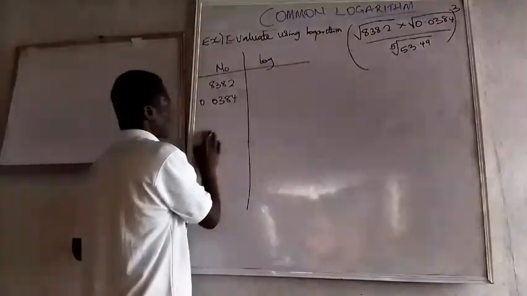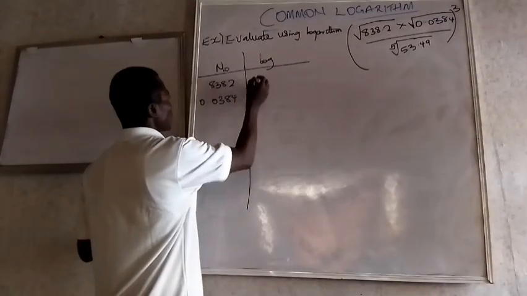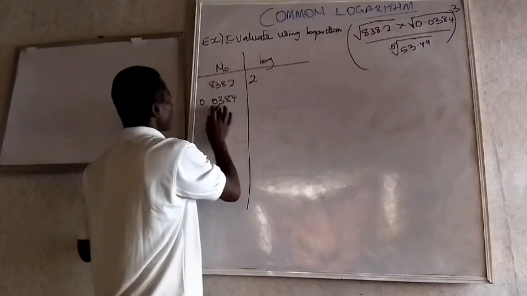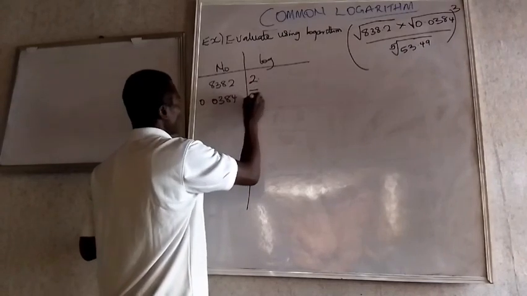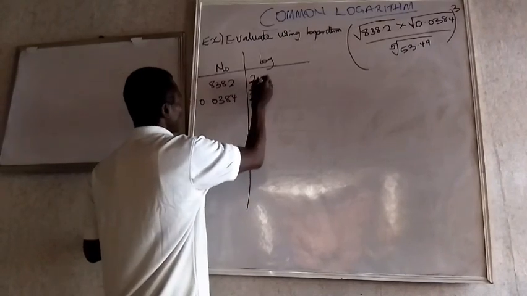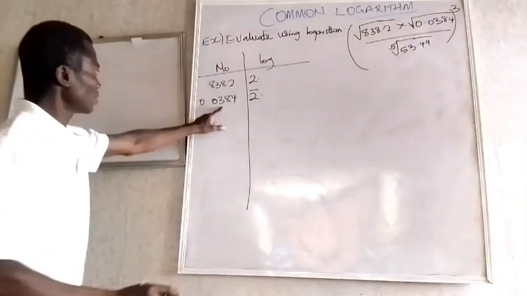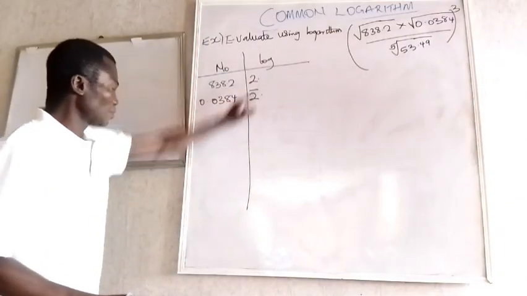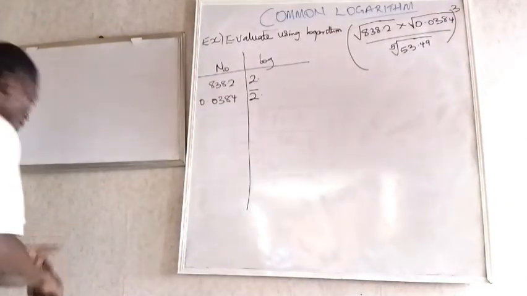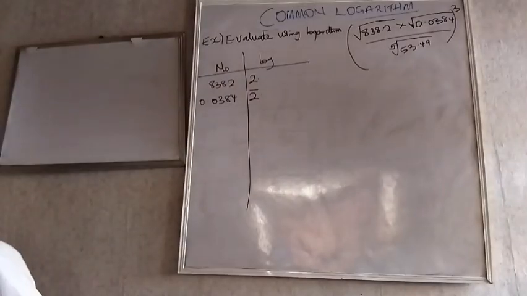Let's quickly do this one out. This one is going to be about 2 point something. Now, let's quickly look at the logarithm for each.